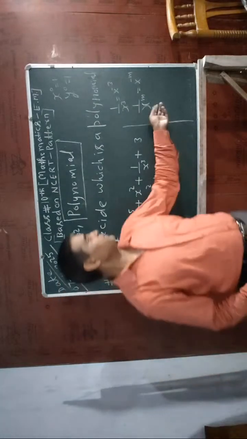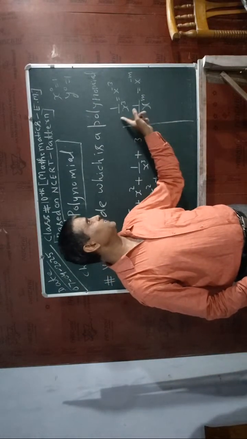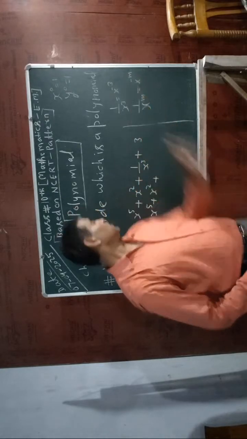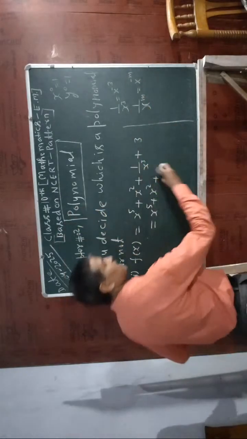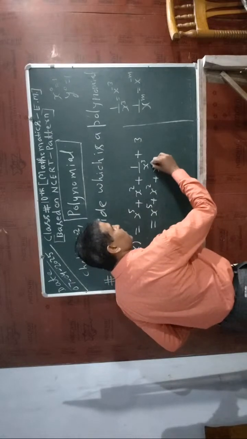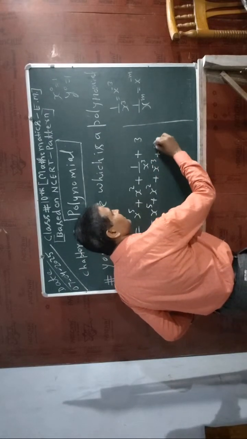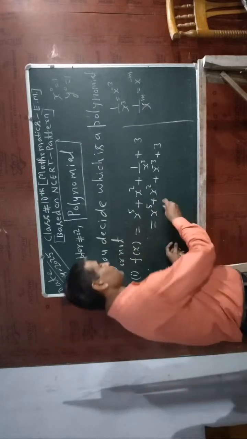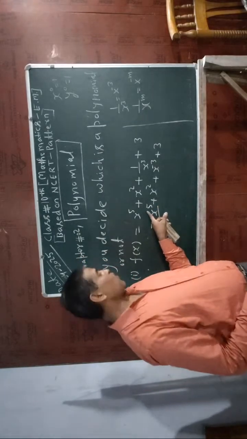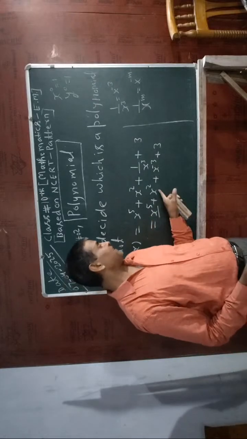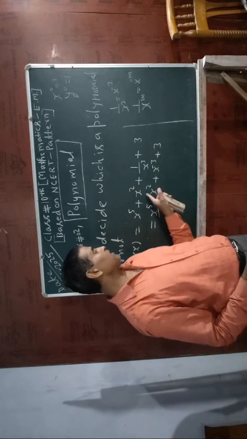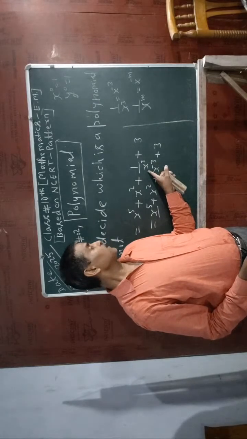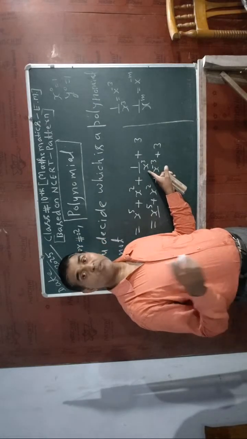With this concept I write x to the power minus 3 plus the constant 3. Here x has power positive 5, x has power plus 2, but here x has power minus 3. The degree of a polynomial is always positive.